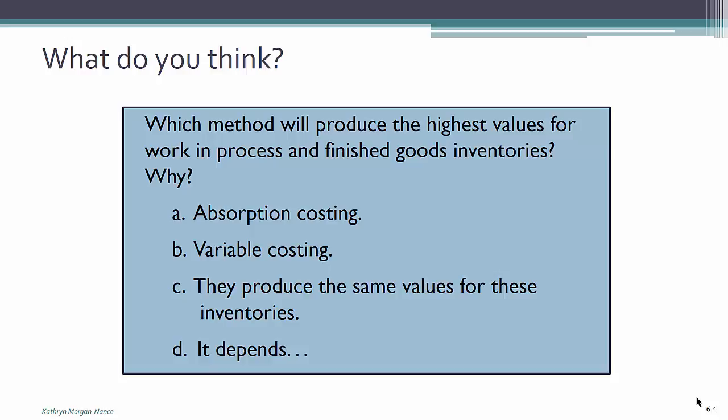To answer this question correctly, recall which method includes more manufacturing cost in the per unit product cost. Absorption costing results in the highest inventory values because it treats fixed manufacturing overhead as a product cost. Under variable costing, fixed manufacturing overhead is expensed as incurred and never becomes part of product cost.